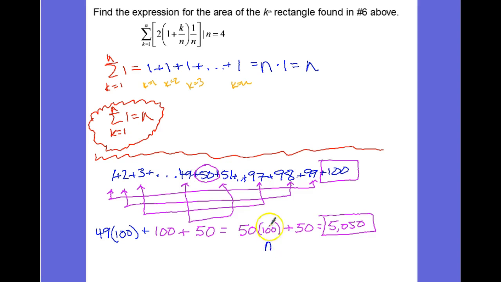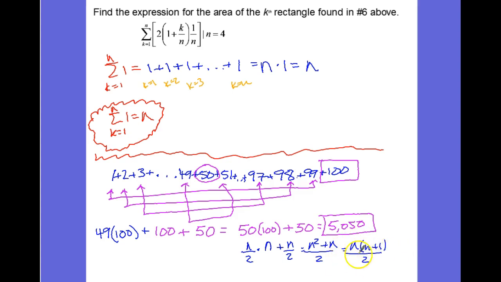And if you think about it, the other number that we had up here was 50, but 50 is clearly half of 100, so perhaps this would be n over 2. And if we multiply, we get n squared plus n over the common denominator of 2. And if you factor an n out, you get n times n plus 1 over 2.